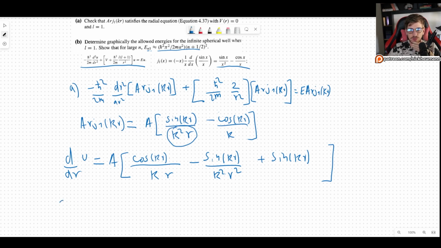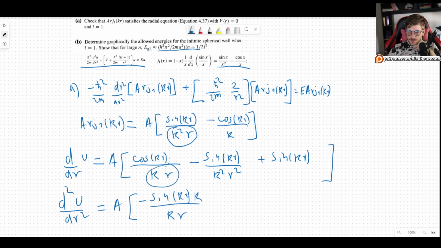So let's now go for another one. So d squared u over dr squared is A, and now cosine goes back to sine. So minus sine of kr times k divided by kr. Then the derivative of this part will give us minus cosine of kr divided by kr squared.